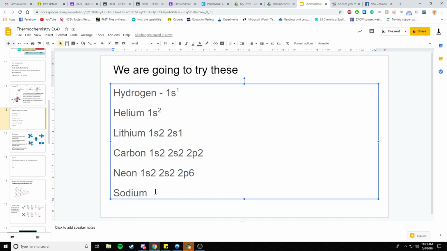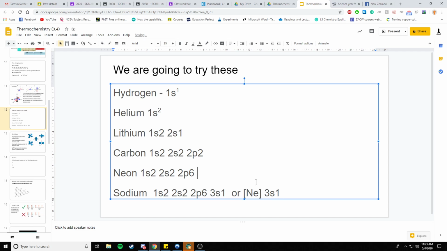And sodium has got 11 electrons, so we have the same as neon, and we just tack on a 3s1. We can do something a bit sneaky. We can just write this: Ne 3s1.